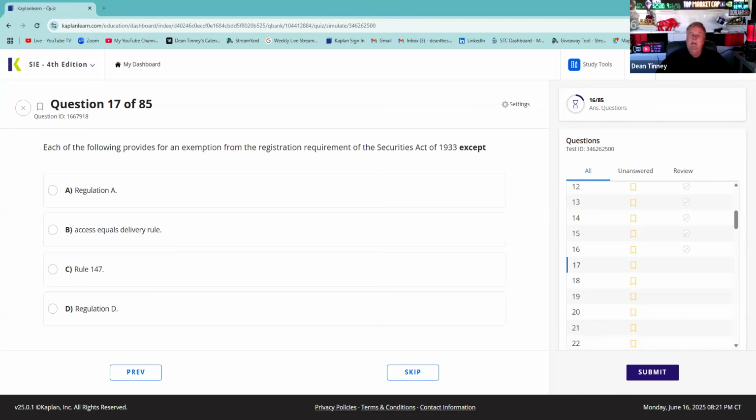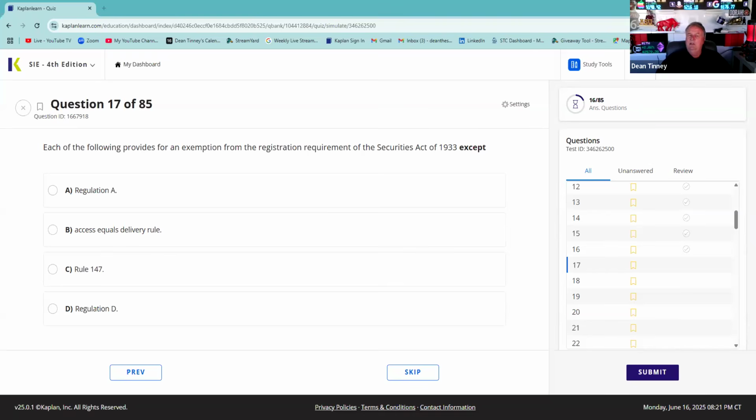Now, Reg D is an exempt transaction or safe harbor. Reg A is also an exempt transaction, a safe harbor. We're selling unregistered securities under the '33 Act. With Reg A, we can raise up to $75 million. There are 2 tiers, Tier 1 and Tier 2. With Tier 1, I can go up to $20 million. Rule 147 is again a safe harbor exempt transaction.